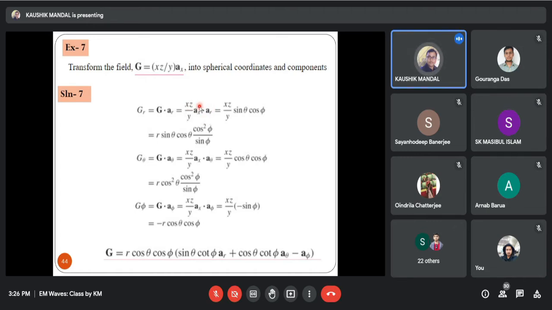What will be the dot product of ax and ar? How can you find out this ax dot ar? As per this equation, this ax dot ar means sine theta cos phi. How can you find out this ax dot ar? Anyone?